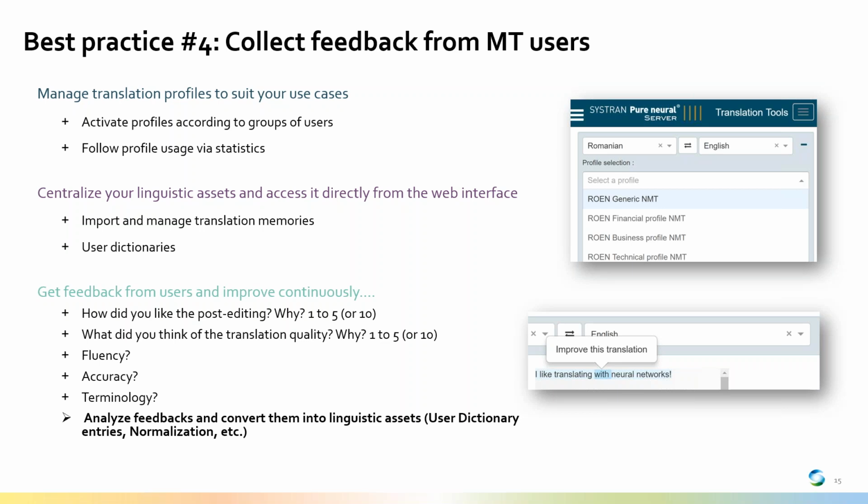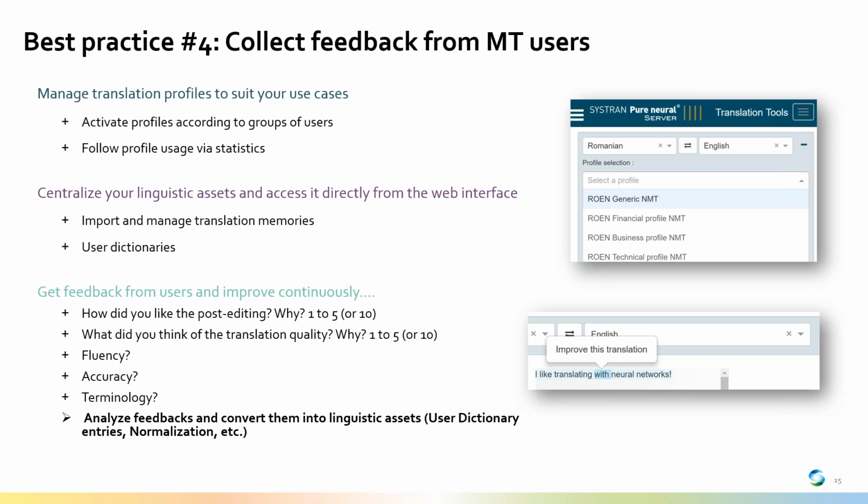But it's also recommended, when you are more in a productivity use case where translators use MT as a basis to post-edit and produce a final translation, to use an external form to collect feedback as to how they did like the post-editing and why.